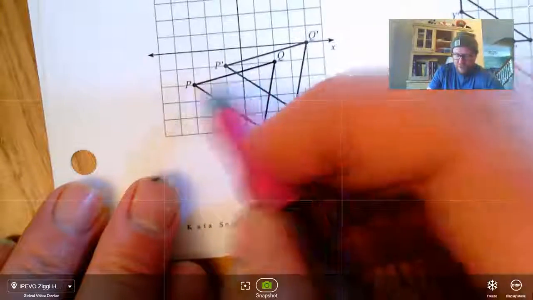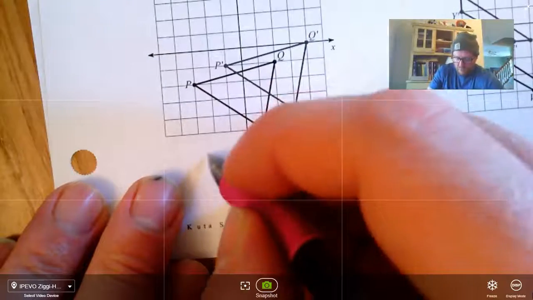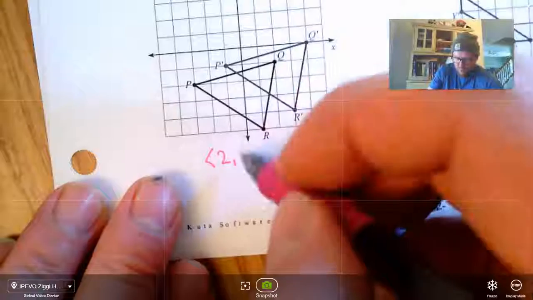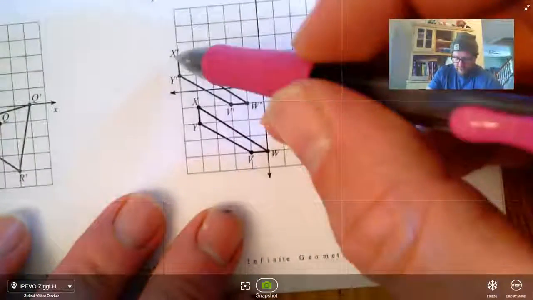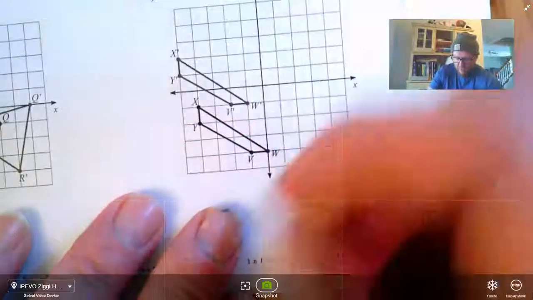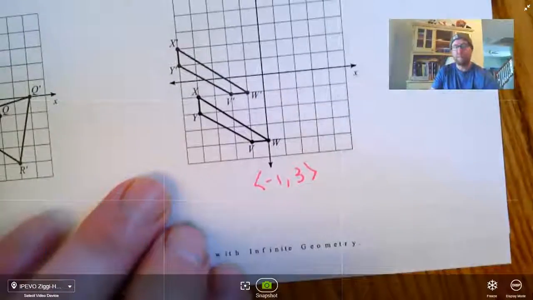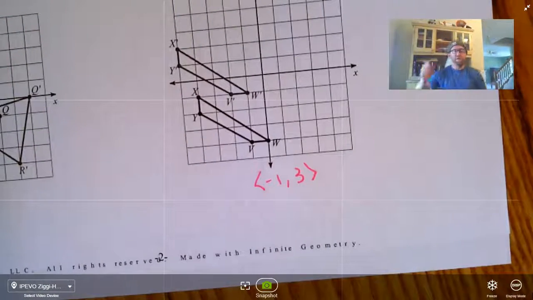Down here, from P to P prime, forward 2, up 1, so 2, 1. And over here, from X to X prime is back 1, up 3. So it's -1, +3.